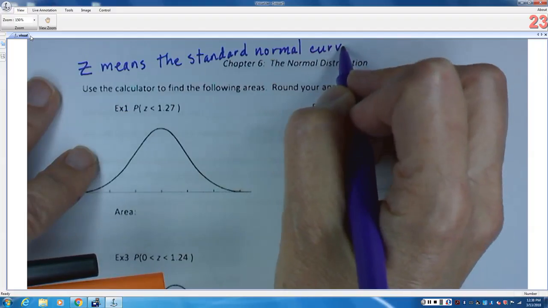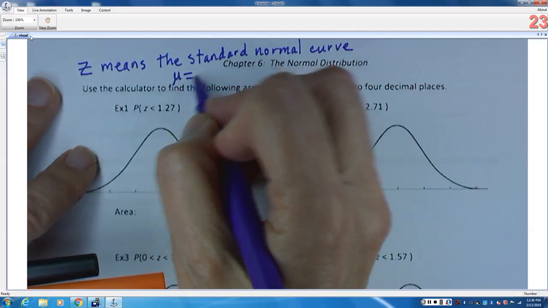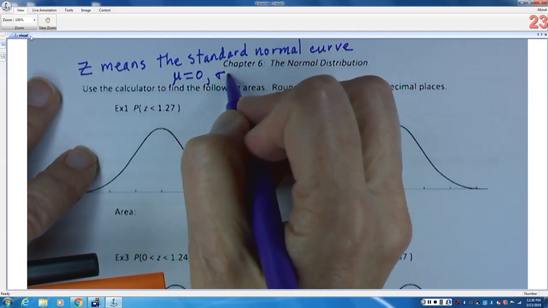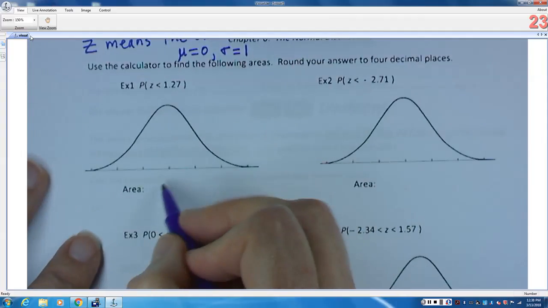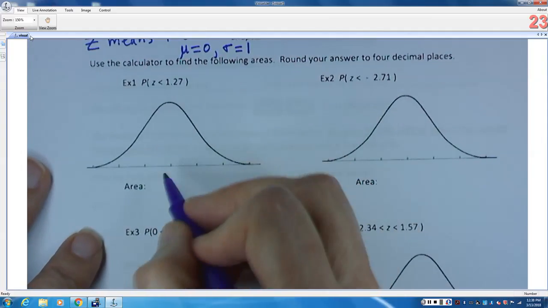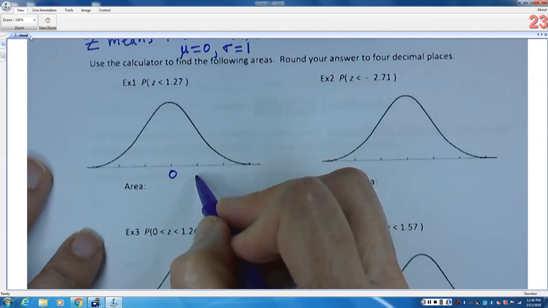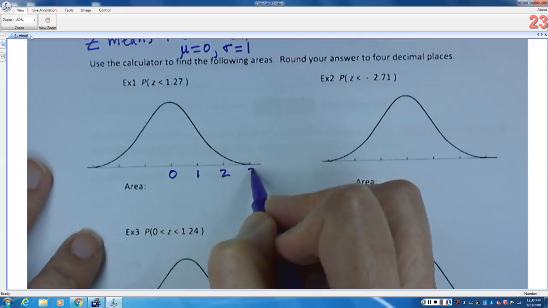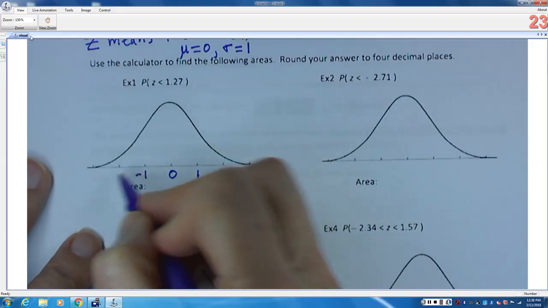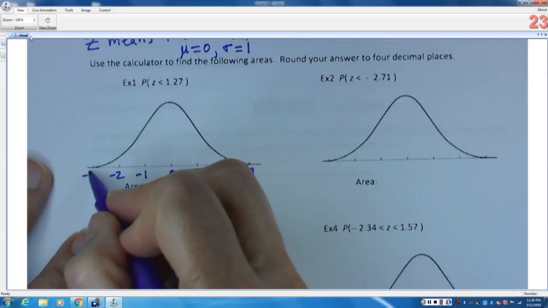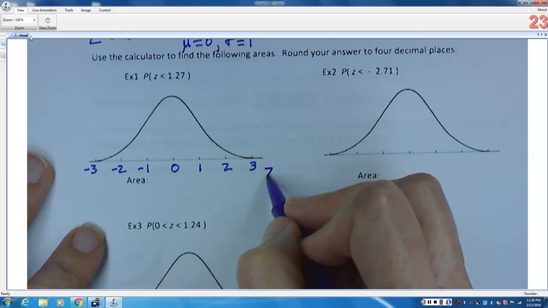And that means that the mean is 0 and the standard deviation is 1. So you always mark the curve off on these with 0, 1, 2, 3, minus 1, minus 2, minus 3. And that's your Z's.